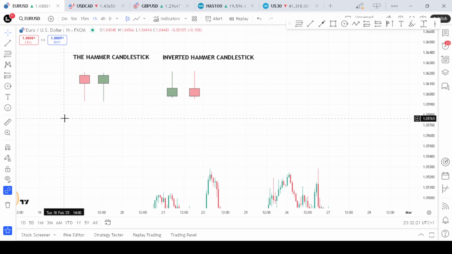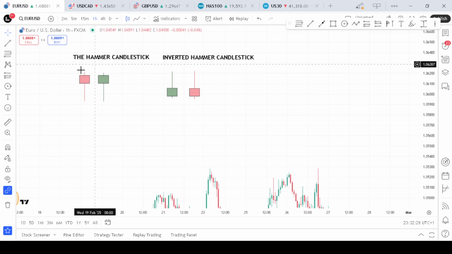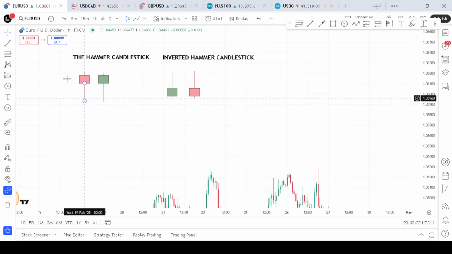There is usually little or no upper shadow, meaning the hammer has a small body, a long lower wick, and little to no upper shadow.